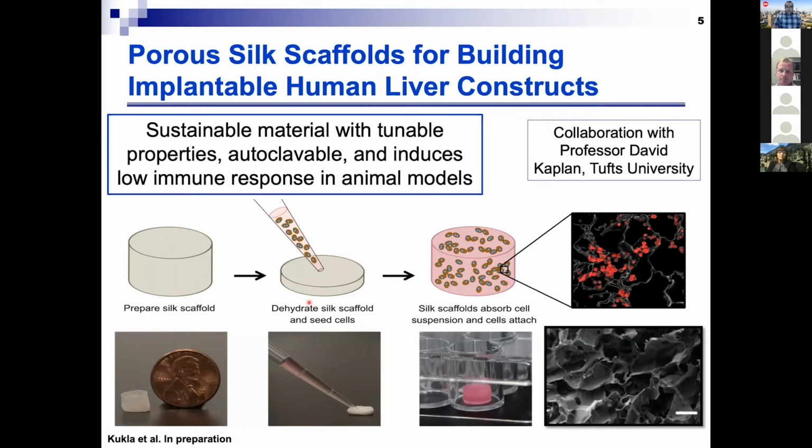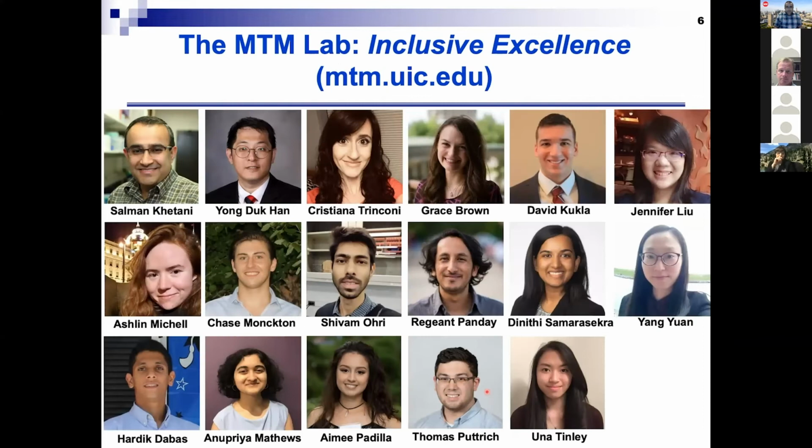We can put liver cells or cardiac cells or whatever you name it, and we can create these three-dimensional tissues which can then be used for implantation and to provide therapy. Now, we are not quite at the clinical stage yet, but we're definitely getting there very quickly. So my lab, as I mentioned, is called the Microfabricated Tissue Models Lab.